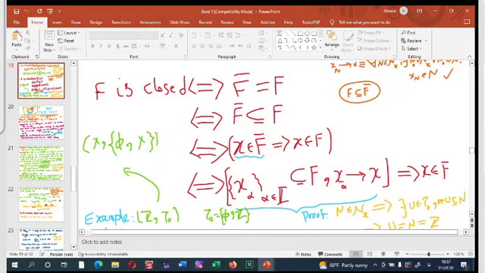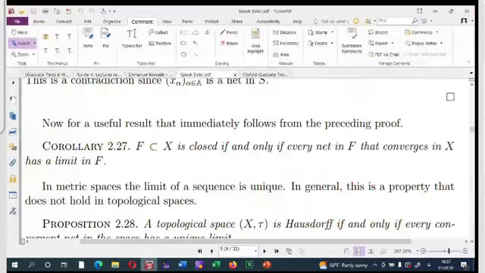Now this must imply x belongs to F. And this is a very nice corollary. F is closed if and only if every net in F that converges has a limit in F. If we have a net in F that converges to x, this x must belong to F.